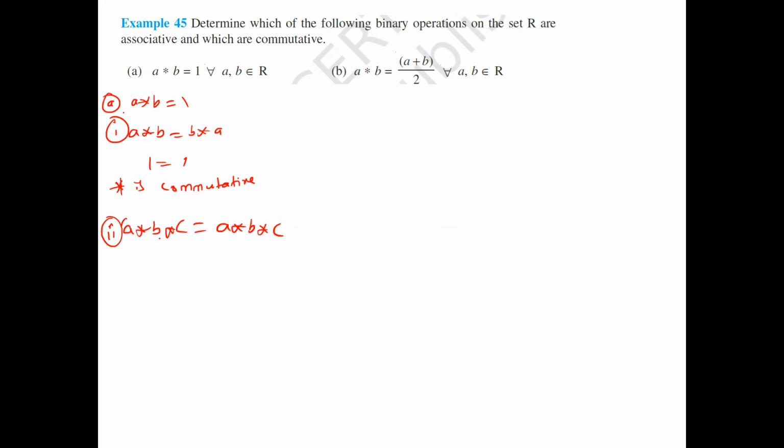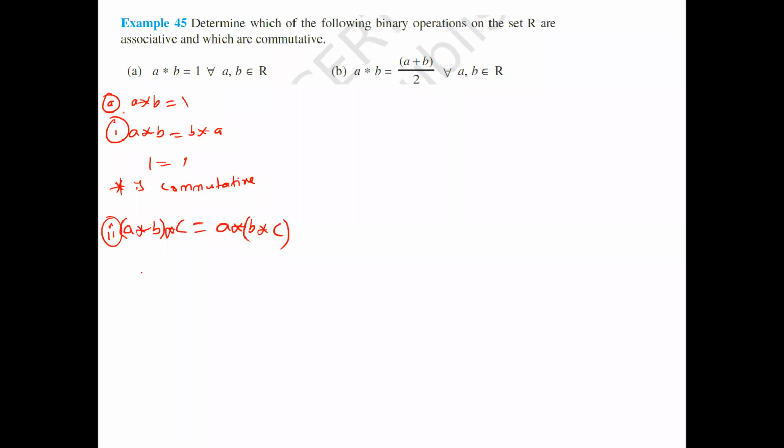Now I put the first two in brackets, and here I put the second two in brackets.